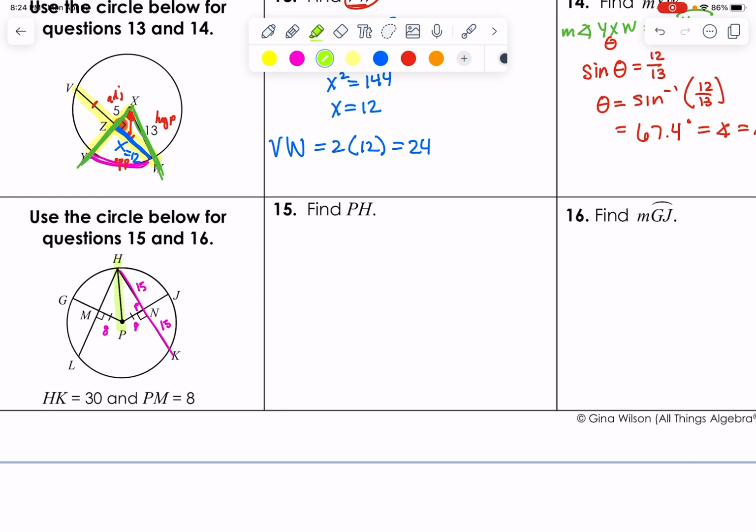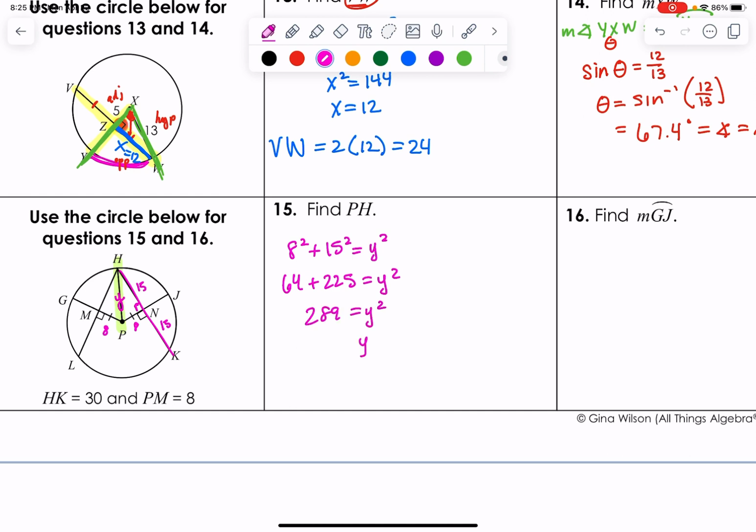That's the hypotenuse of that right triangle. So I can find that by saying 8 squared plus 15 squared equals, we'll call this y squared. 64 plus 225 equals y squared. That's 289. So y is 17. And y is also PH.